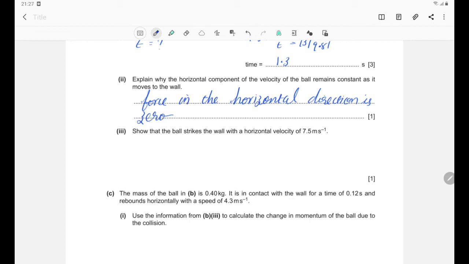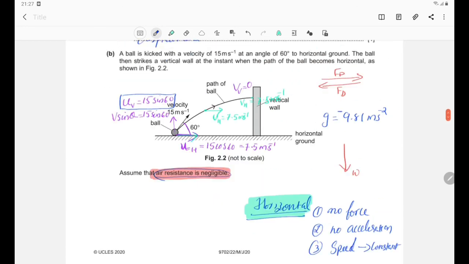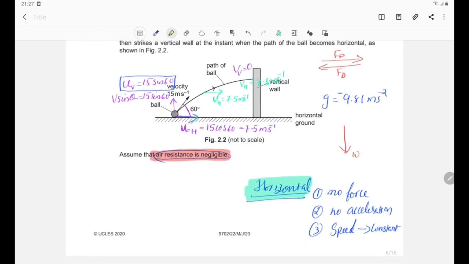Part 3. Show that the ball strikes the wall with a horizontal velocity of 7.5 meters per second. We have already seen that horizontally the velocity will be the same everywhere, that will be 15 cos 60, which is 7.5 meters per second everywhere. So even when the ball strikes the wall, its horizontal velocity remains the same as the initial horizontal velocity.